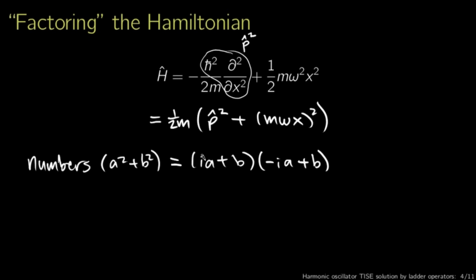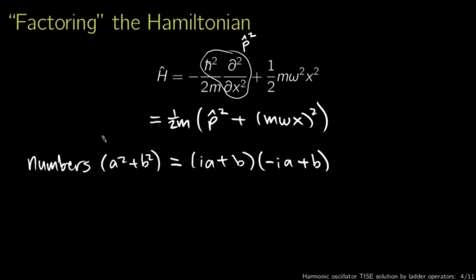If you expand this out, you'll end up getting a squared from multiplying these, a b from multiplying these, and similar to the cross terms in, say, a minus b times a plus b, the cross terms end up canceling out, and we would end up with what we started.